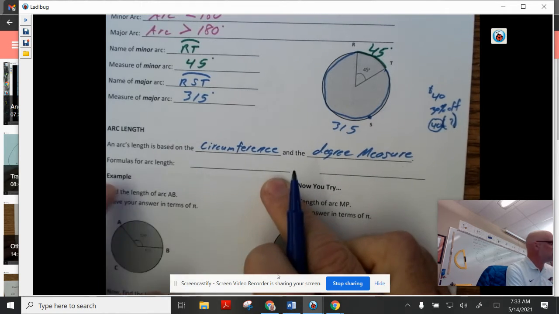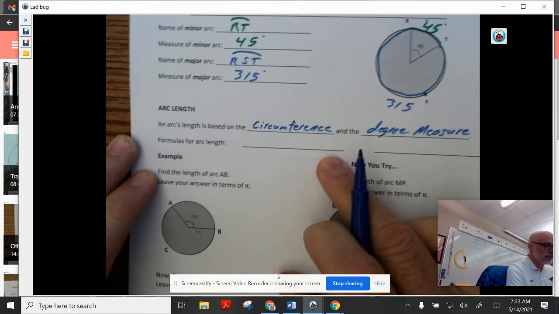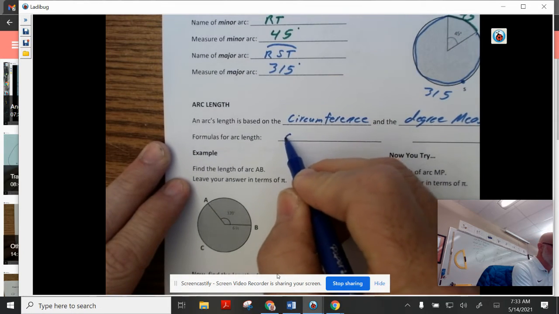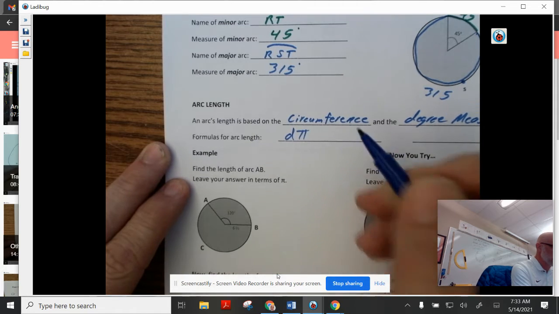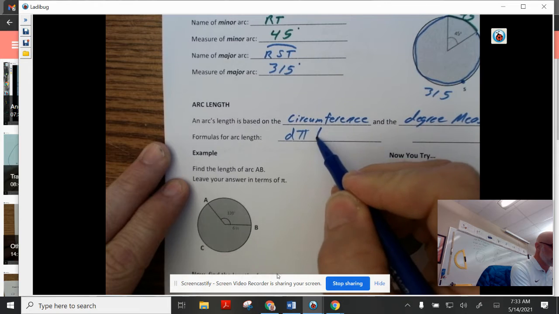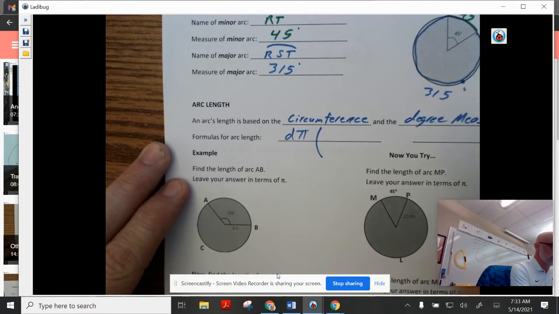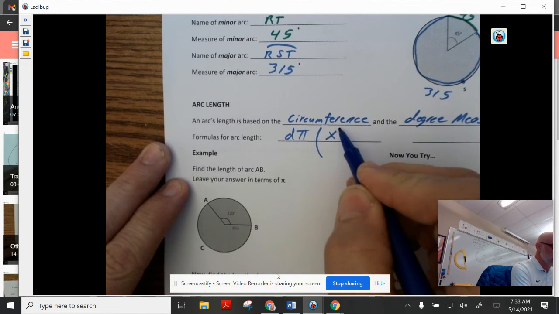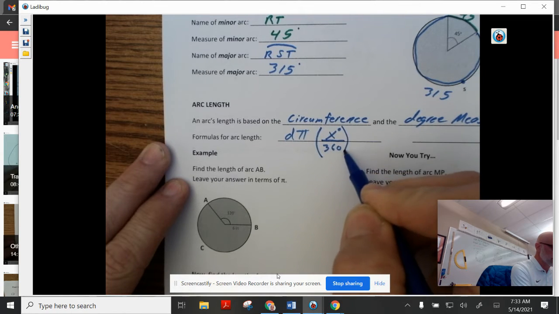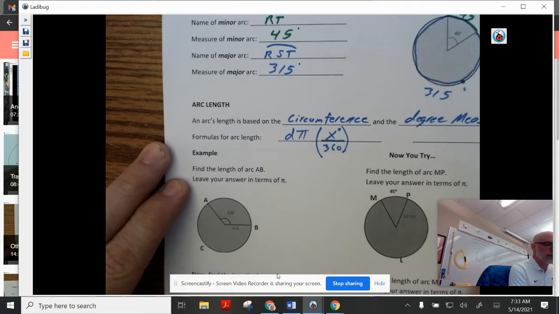We're going to apply the same principle down here. Okay, we're going to take the entire circumference, which is diameter times pi, and we're going to multiply it by the percentage that we want. Now, remember, it's the percentage on a circle. So our percentage is going to be however many degrees it is out of 360. That's how you get our percentage.